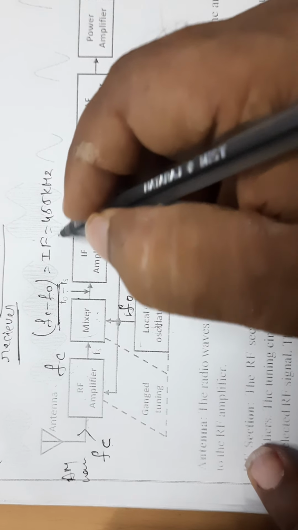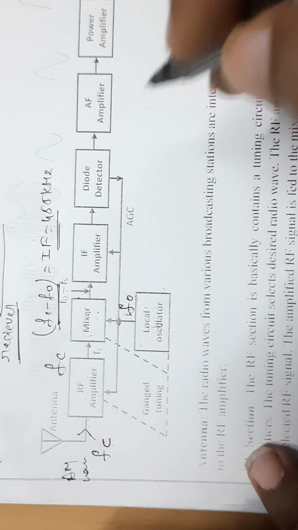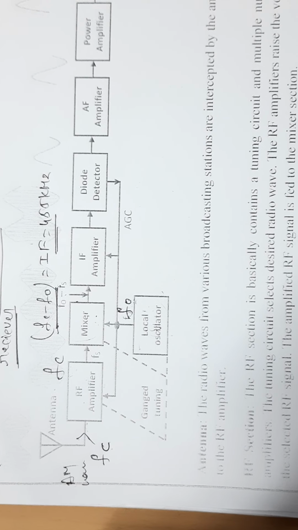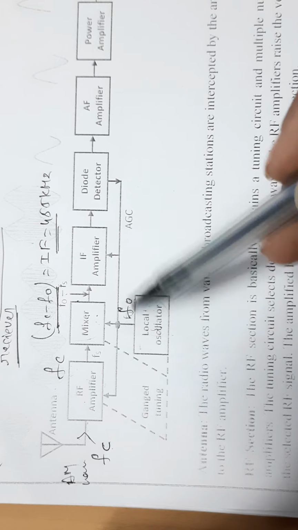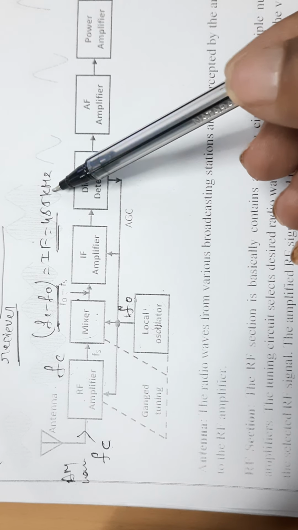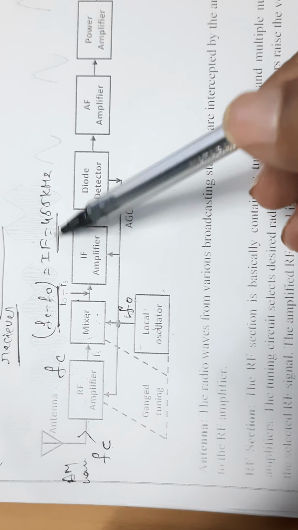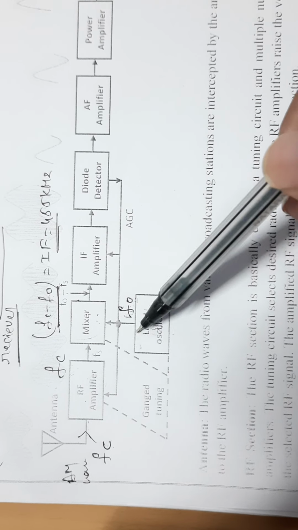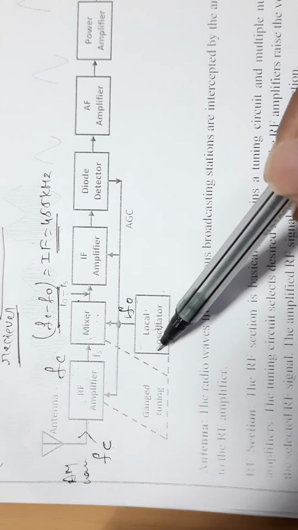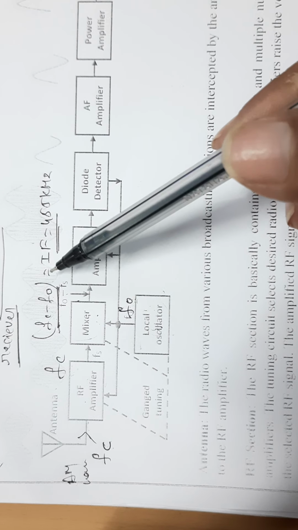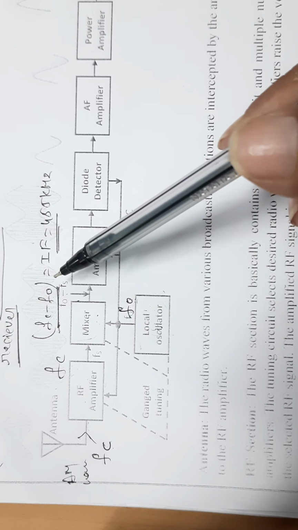This is standard for all AM receivers in India. All AM receivers in India, the intermediate frequency is 455 kHz. To get this 455 kHz as intermediate frequency, the process of mixing up of two frequencies is necessary. Therefore, it is called super heterodyne receiver.